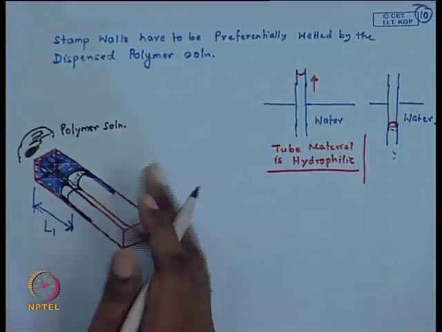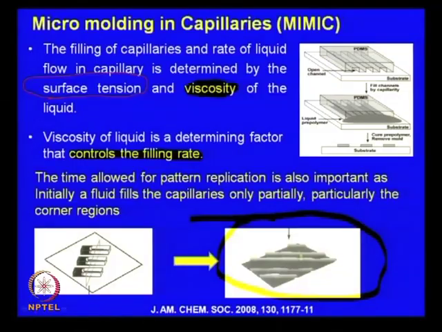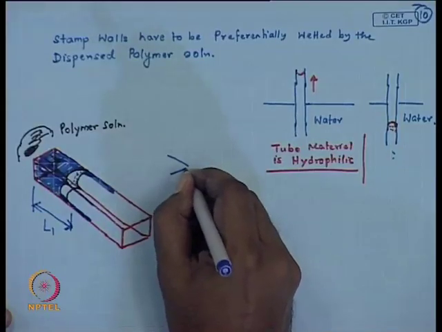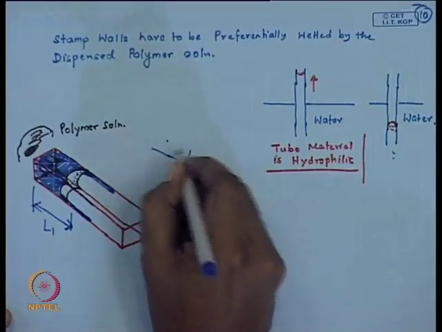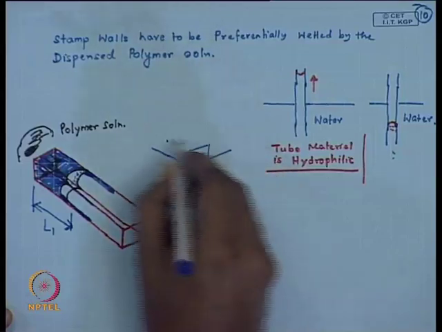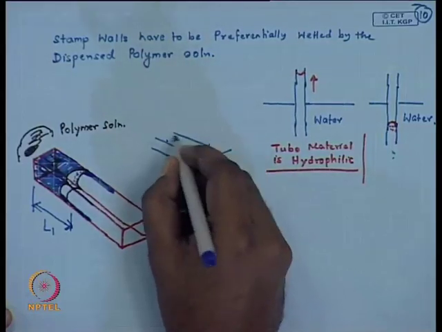So, if you freeze the pattern replication at that stage, you might not get a structure like this, what you were expecting, like a grating or a protrusion.